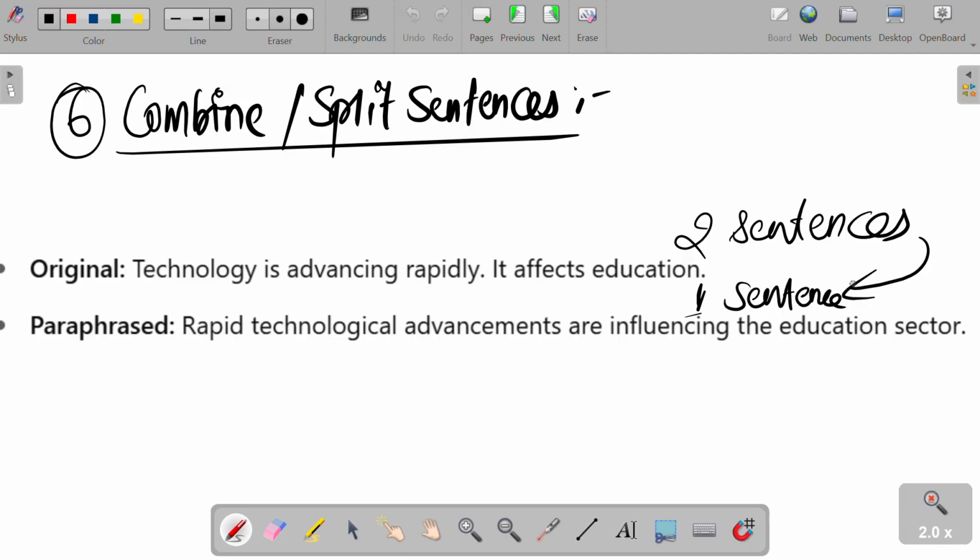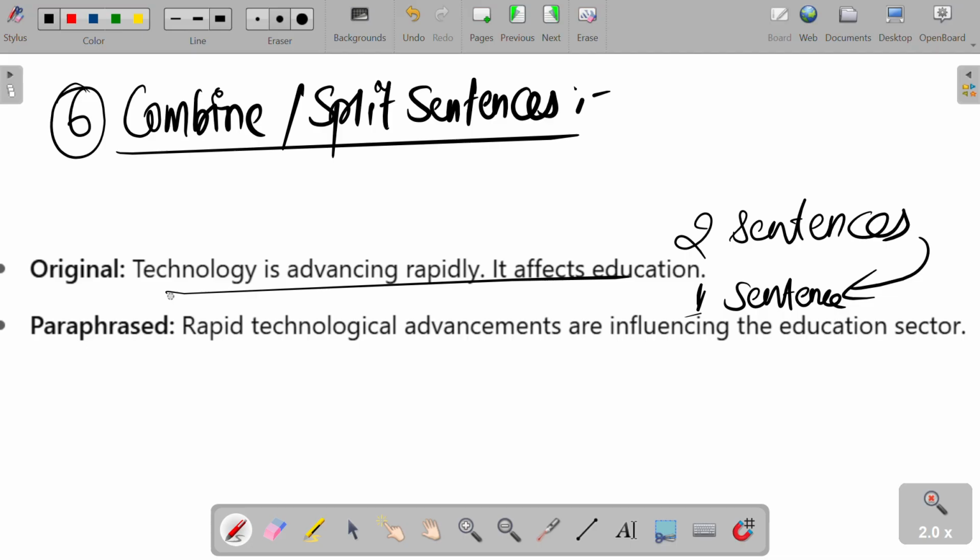Another way is to combine or split the sentences. Either way, like here the two sentences have been changed into one. If it was the opposite, you could make two sentences out of one. So when there are multiple sentences, you can make one single sentence, or you can split one sentence into another.